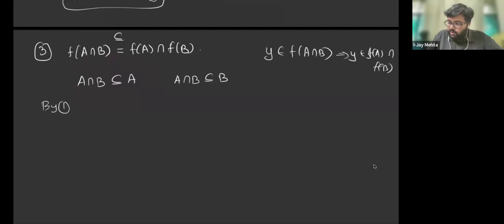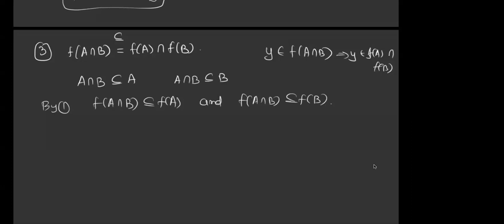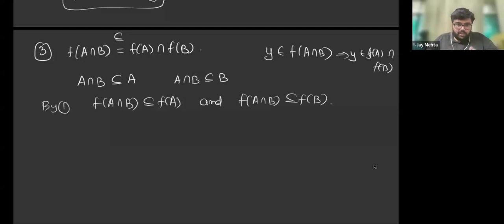So by one, we have F of A intersection B is a subset of F of A, and F of A intersection B is a subset of F of B. Then what can we say, Advait? So then we can say that F of A intersection B is a subset of F of A intersection F of B. It is a subset of both F of A and F of B, right?